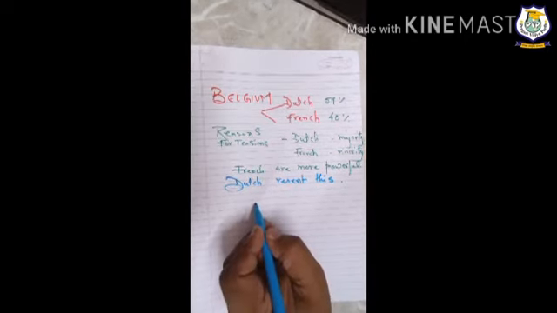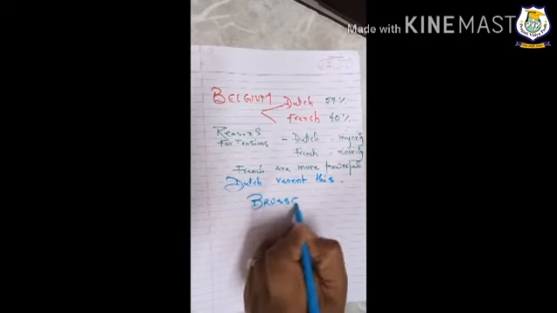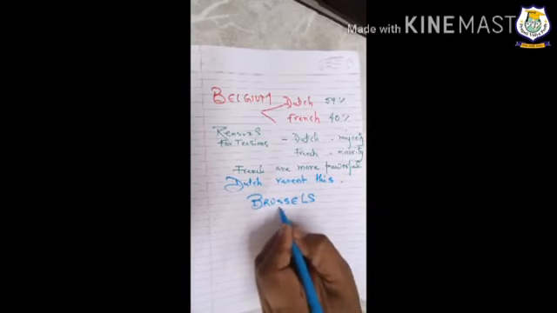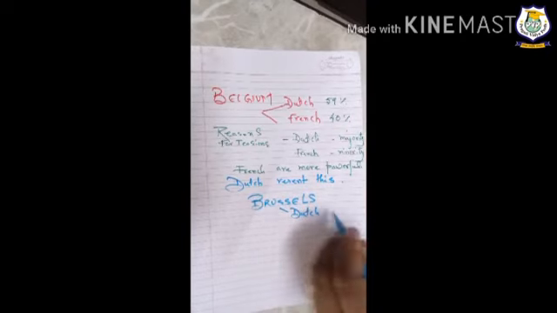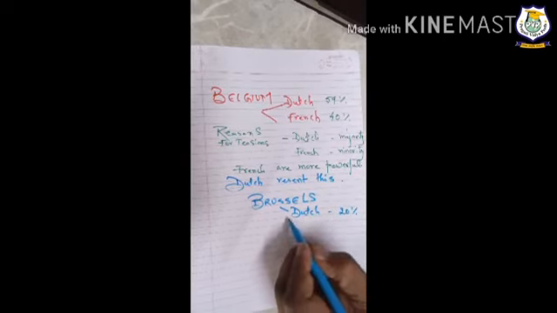Another reason is in the capital Brussels. In capital Brussels, the scenario is different. Dutch are 20% of the population.